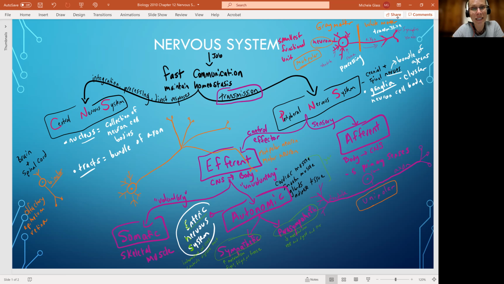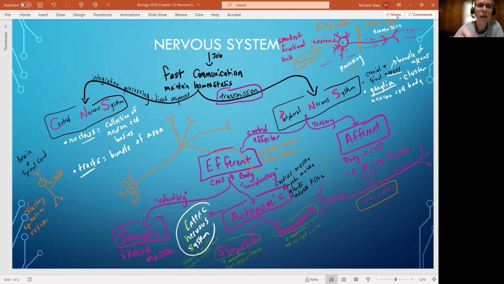And so gray matter is significant because that's telling us processing is happening there. Any place where we have white matter, it's white because of those axons. And we'll talk more about why that's white. And so that white matter is significant because it tells us that it's transmission of information.